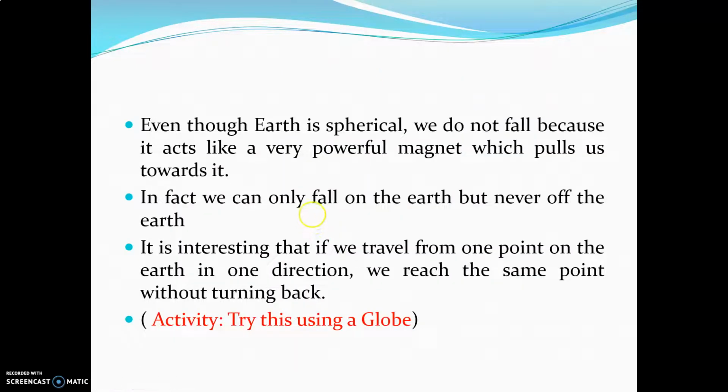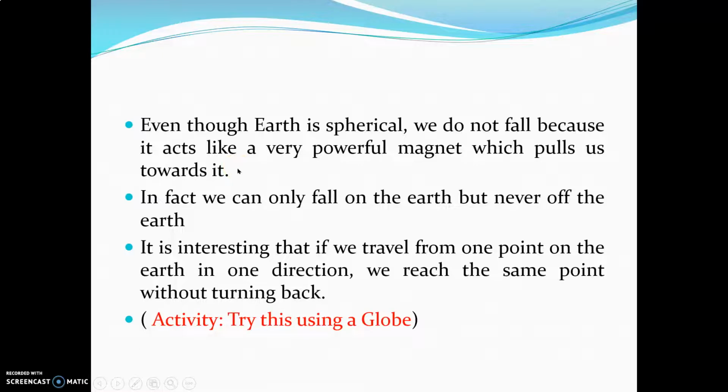Now, even though the Earth is spherical, we do not fall because it acts like a very powerful magnet which pulls us towards it. You can ask one question: madam, if the shape of the Earth is a sphere or spheroid, how are we standing, why are we not falling?